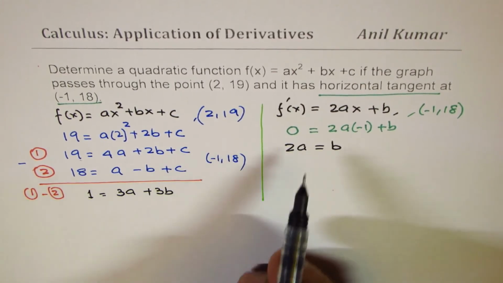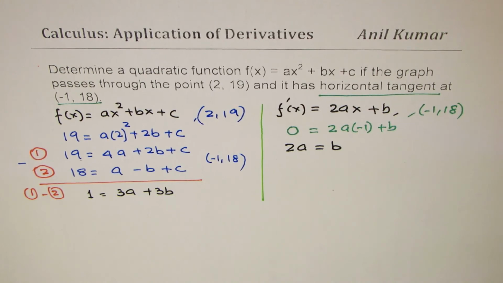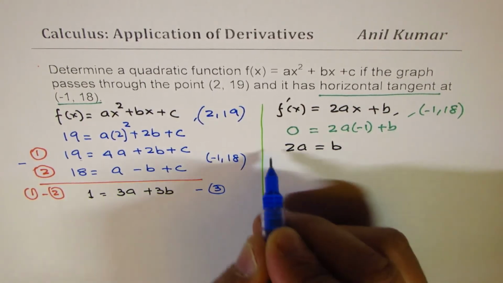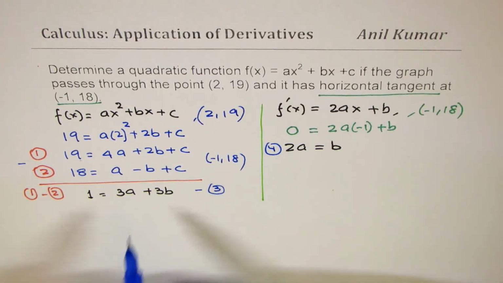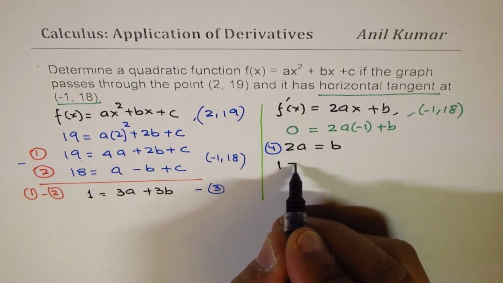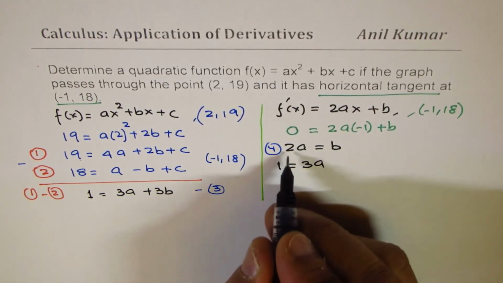2a equals b. Let me call the earlier equation, equation 3, and this one, equation 4. So we'll substitute 4 in 3. So what do we get? We get 1 equals 3a. Instead of b, I'm writing 2a.